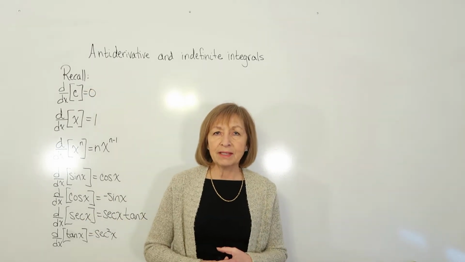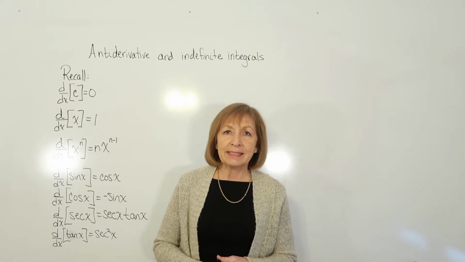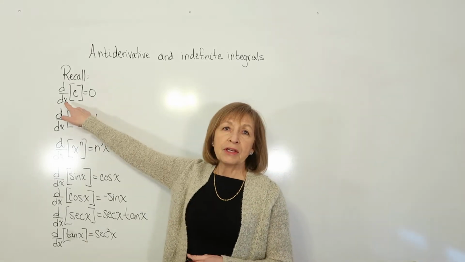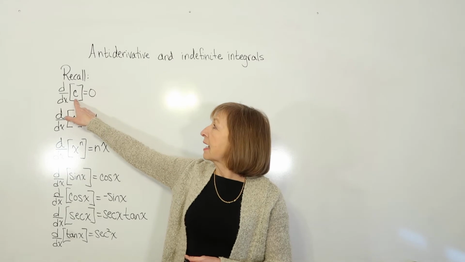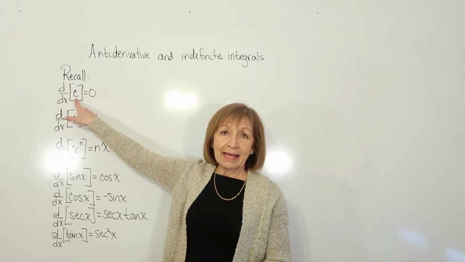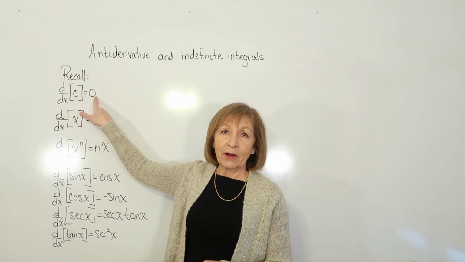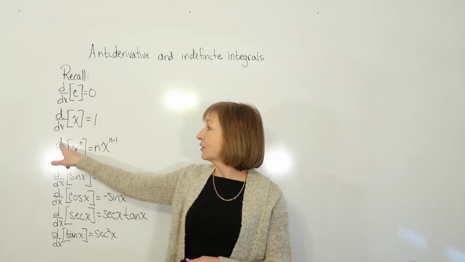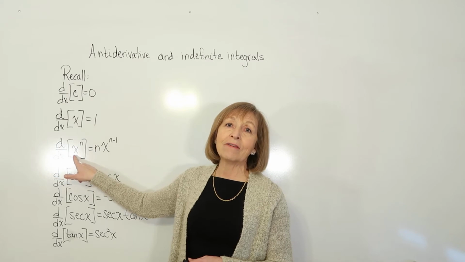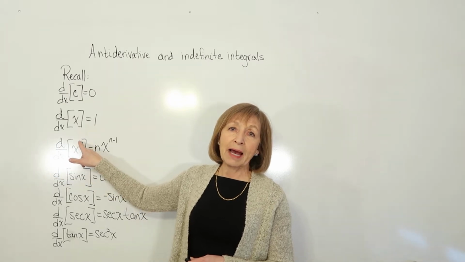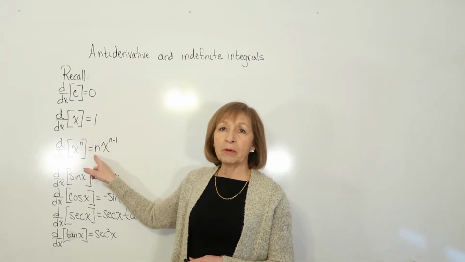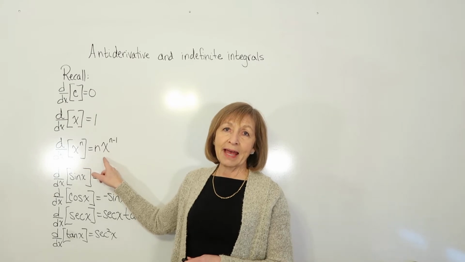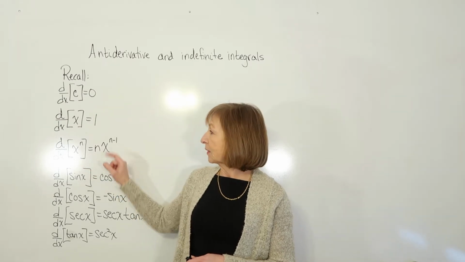Now, think about these particular derivatives that I want us to recall, and there's a lot more that we're going to deal with. I just wanted to start with these examples. So remember, the derivative with respect to x of a number, that as a term, is 0. The derivative with respect to x of x is 1. The derivative with respect to x of x to a number power is bring down the number power, keep the base of x, and subtract 1 from the exponent.